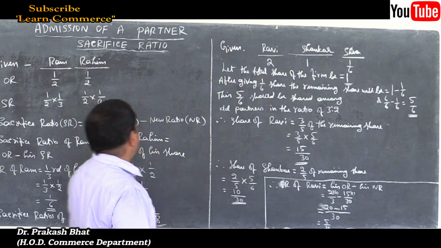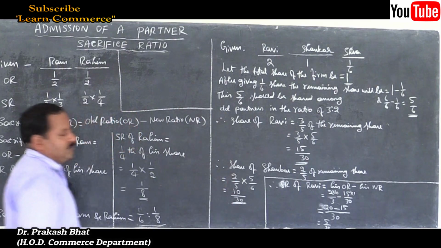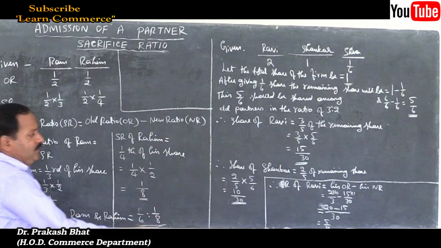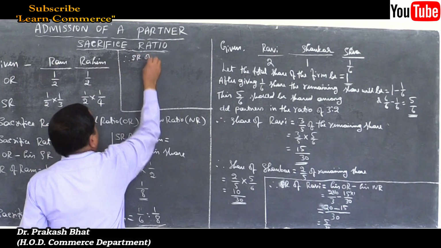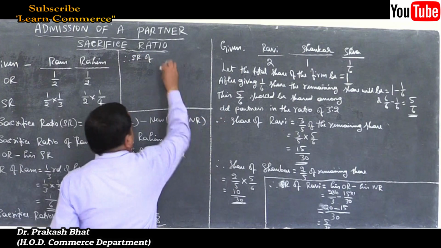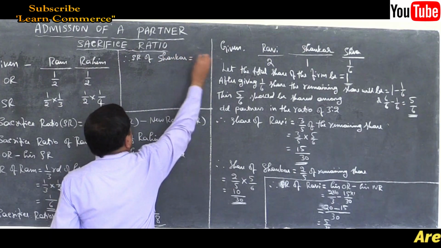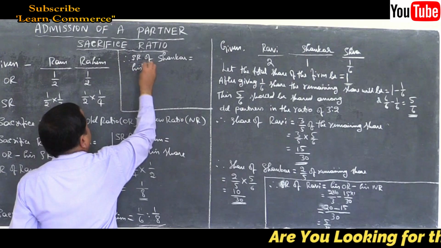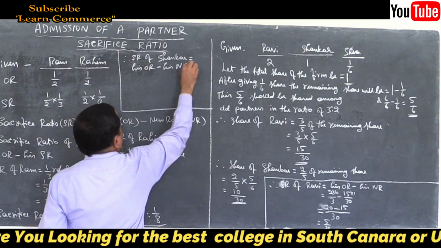I'll calculate the share of the other partner here. I'm continuing. Therefore sacrifice ratio of Shankar is equal to his old ratio minus his new ratio.